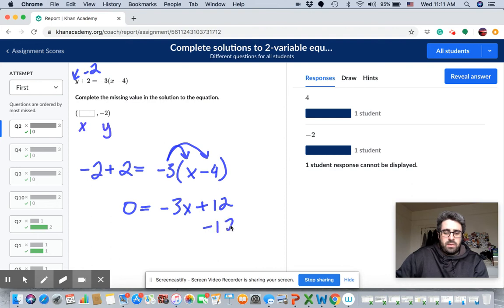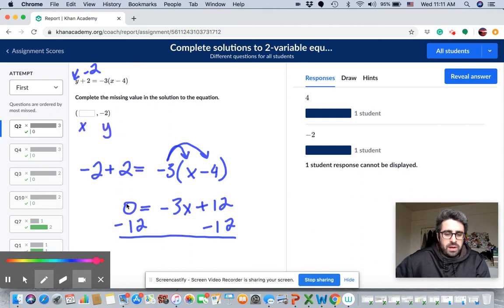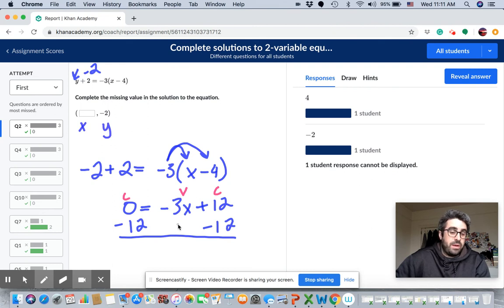So I'm going to subtract 12 on both sides. Okay, because why did I do that? Well, I'm going to have a constant term here, and then I have a variable term here and a constant term here. So I want to move all of the constant terms to one side of the equation. So if I were to add 3x, for example, that wouldn't be the most efficient way, because that would ultimately, I guess actually in this case you could do that because there's a 0 here.